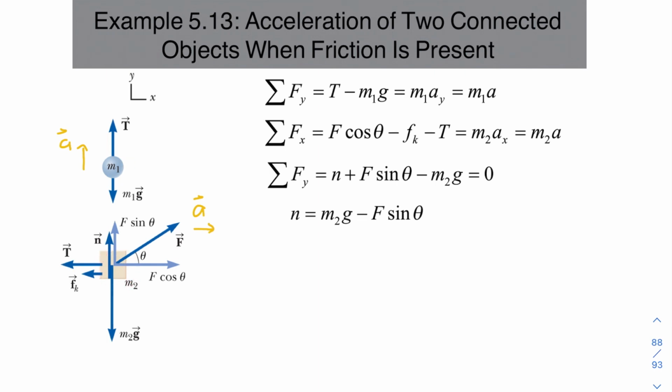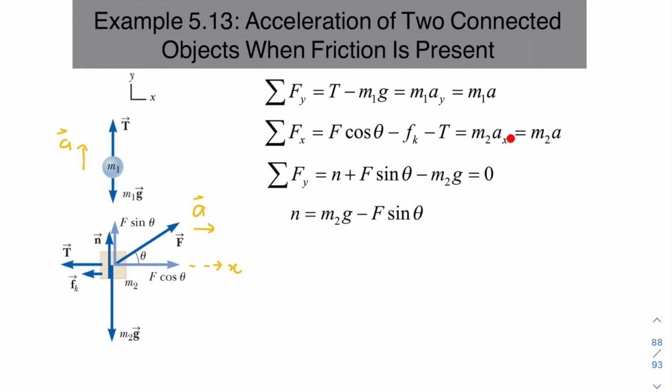So for m1, summation of Fy equals positive T minus m1 g equals m1 a, upward positive. For object 2, summation of Fx, as usual, this is positive x. So Fx equals F cos theta minus fk minus T equals m2 ax.